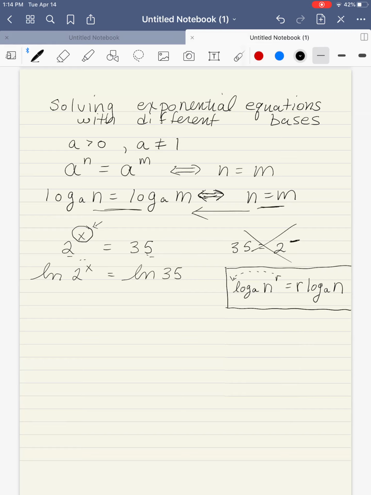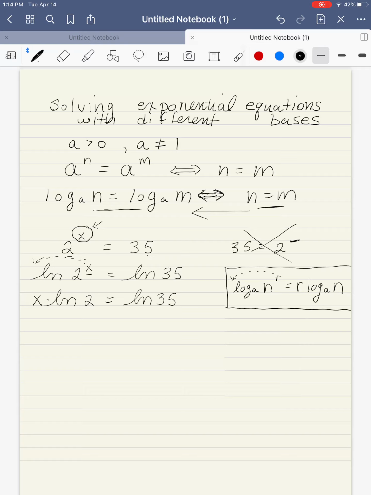We're going to use that principle. So back over here in our equation, this x is my exponent, so I can take that x and multiply it out front. So now I have x times the natural logarithm of 2 equals the natural logarithm of 35. And we have taken an exponential equation and made it into an equation which is plain old multiplication.